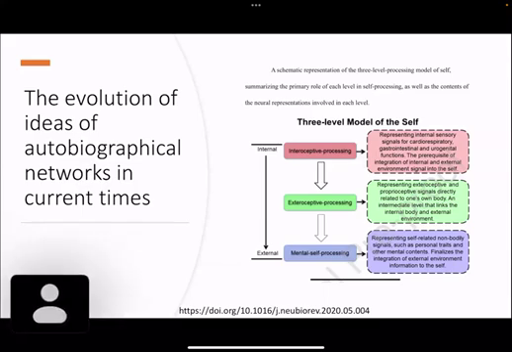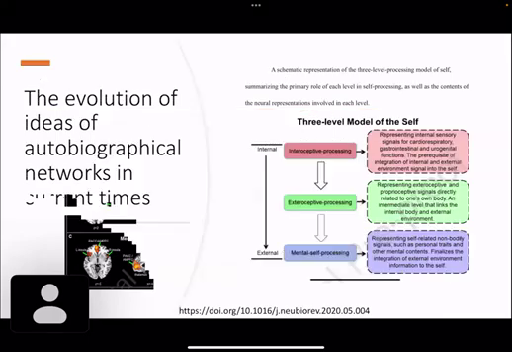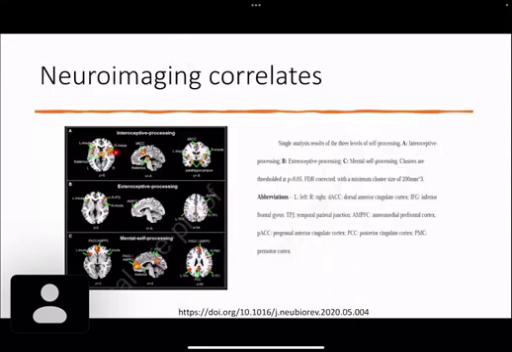And this has developed around 2020, and we are slowly progressing in this understanding. The neuroimaging correlate is seen in these pictures.